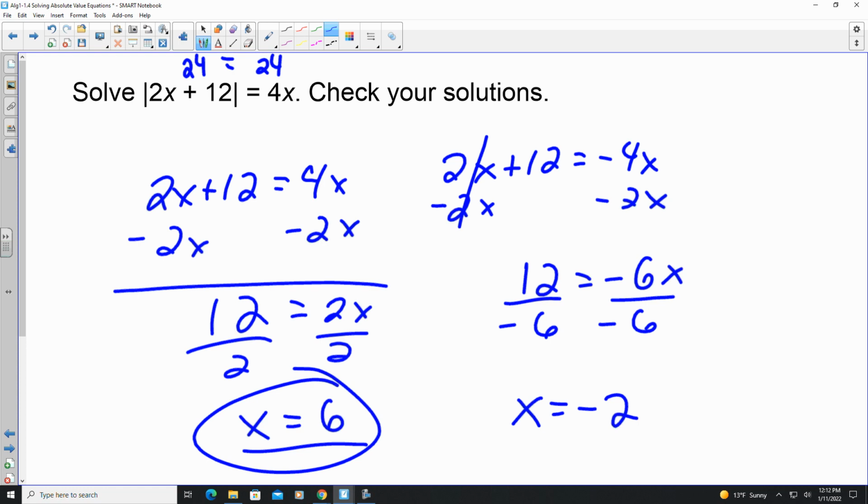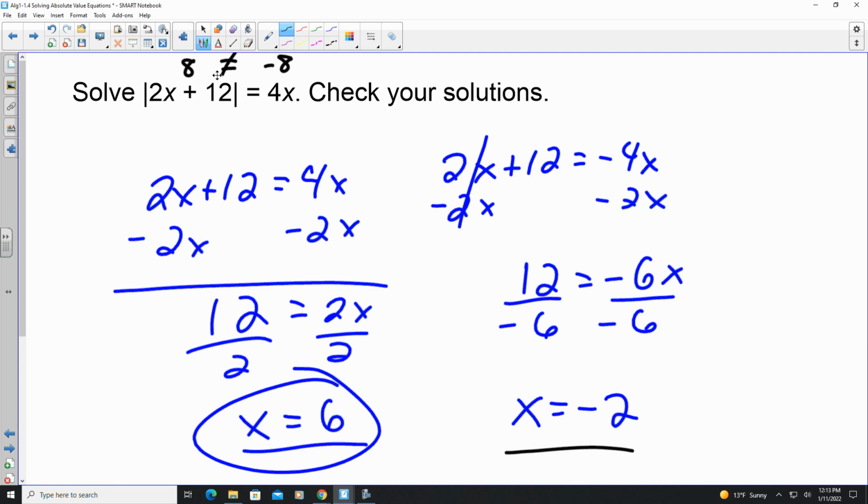But if I go to the other solution for x, negative 2, here's the problem. 2 times negative 2 is negative 4. Add that to 12, I get 8, and the absolute value of 8 is 8. But negative 2 times 4 is simply negative 8. Well, 8 does not equal negative 8. That's incorrect.